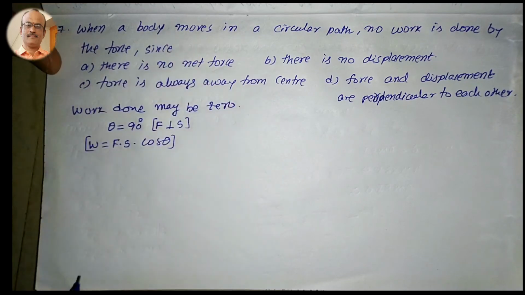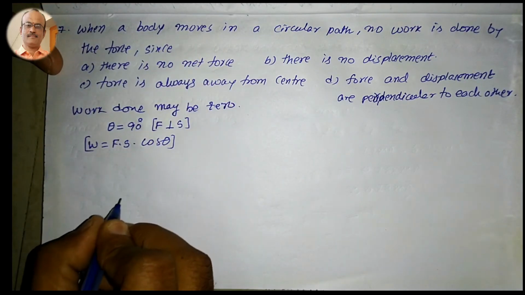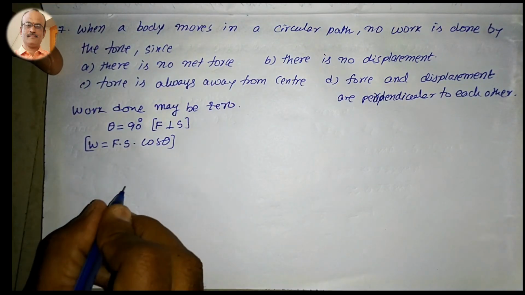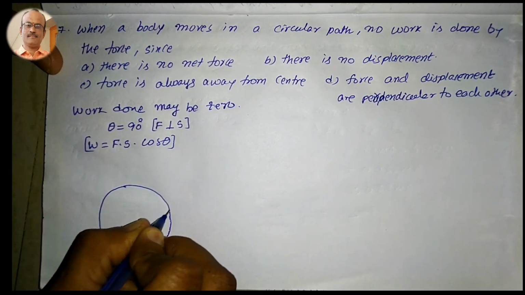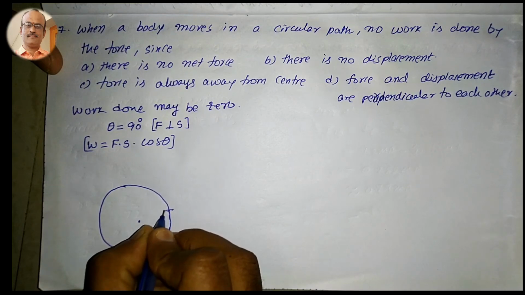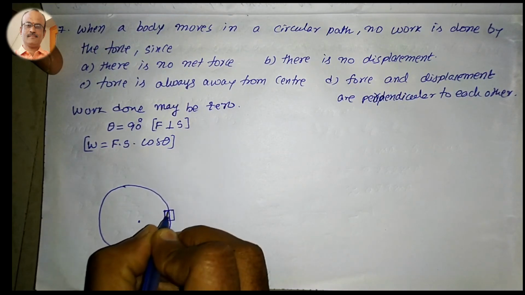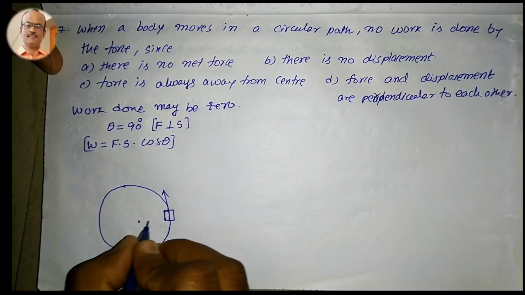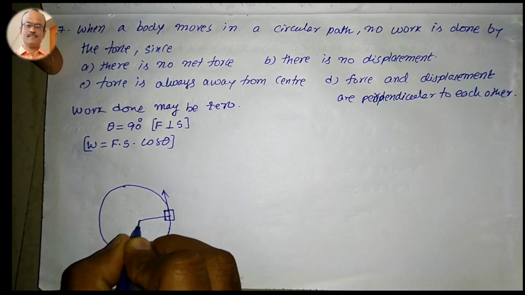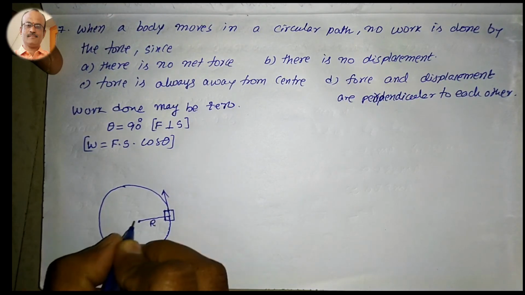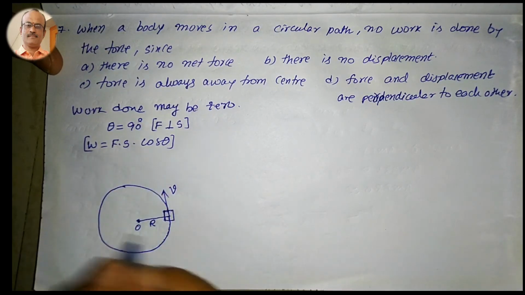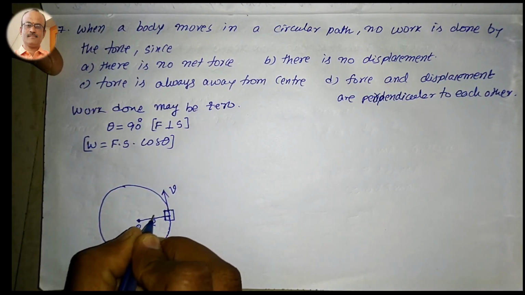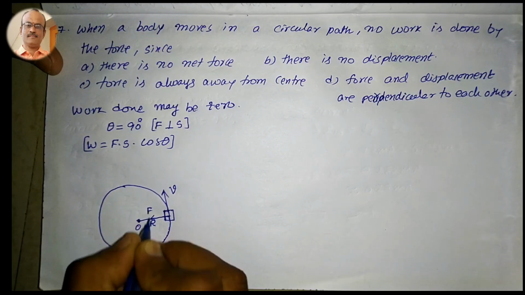Now in this case, what happens? First of all, a body moves in a circular path. Let us consider this is the circular path. It is the body which is moving in a circular path, and here radius I will take this one as r. It is the center, moving with velocity v here. Then the force is acting in this direction F, like this.